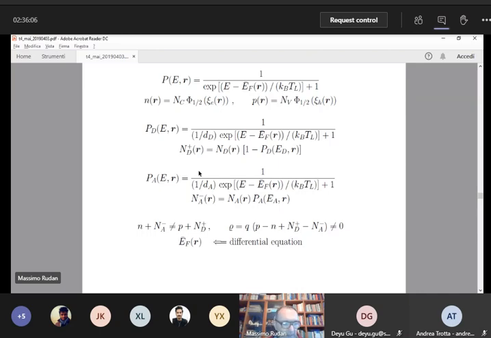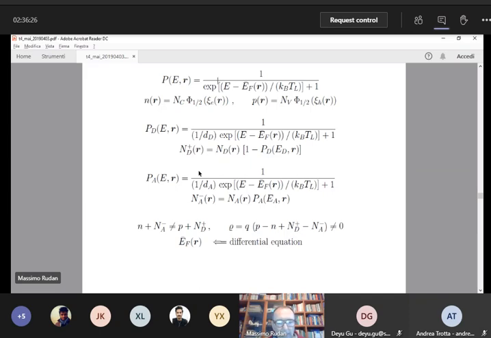And assume that all these 10 donor atoms release 1 electron each to the conduction band. So you will have 10 electrons in a position in the conduction band.